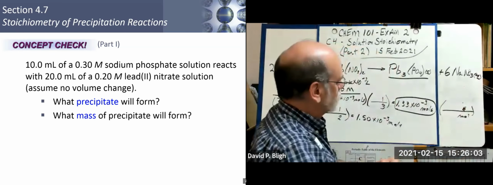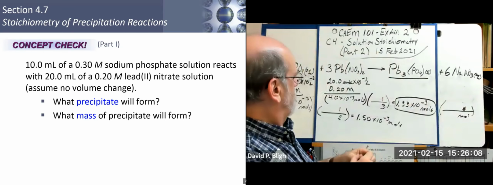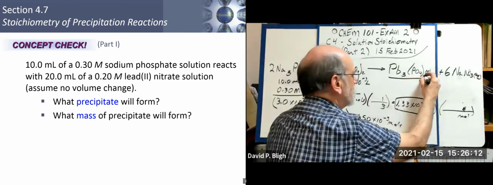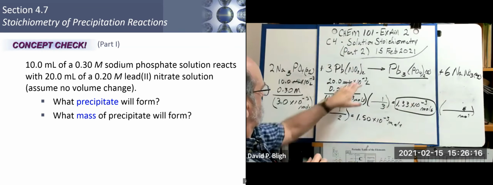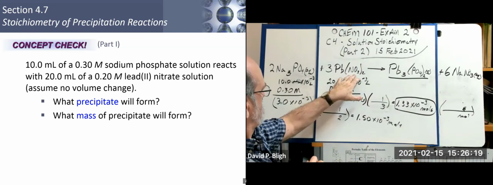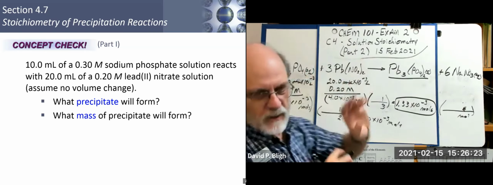Molar mass. So what's the molar mass of Pb3(PO4)2? This needs to be a 2. Yeah, okay, just checking.